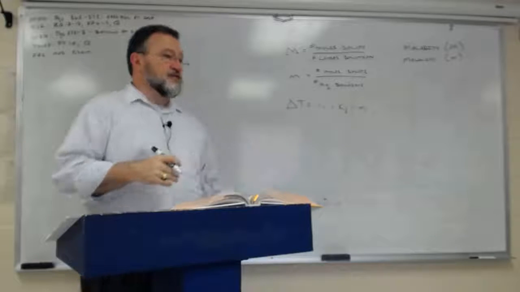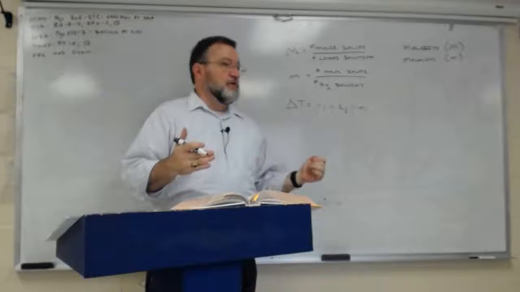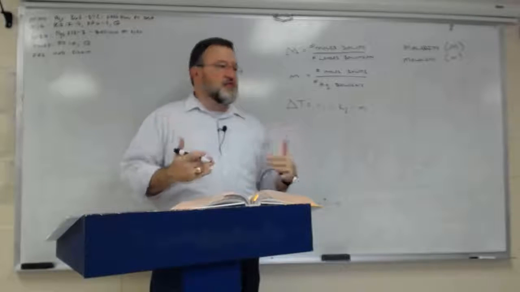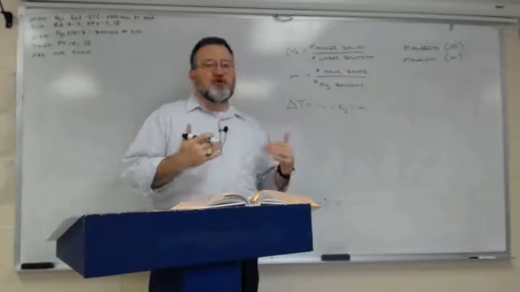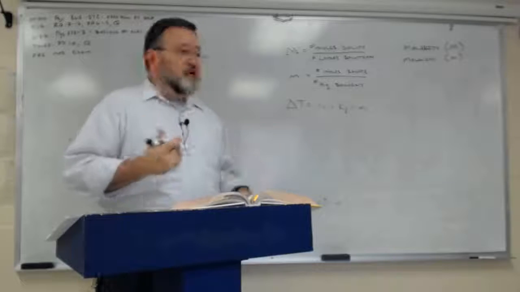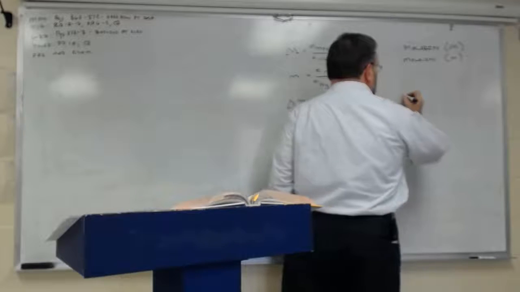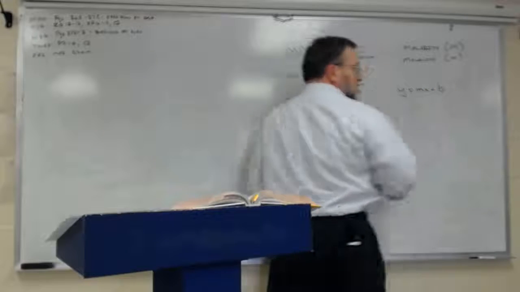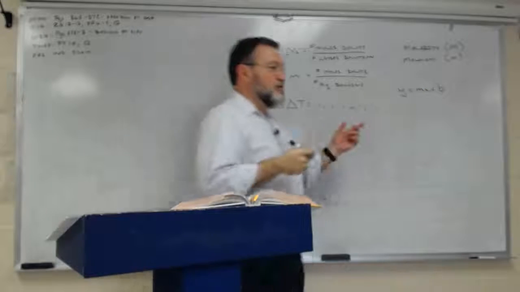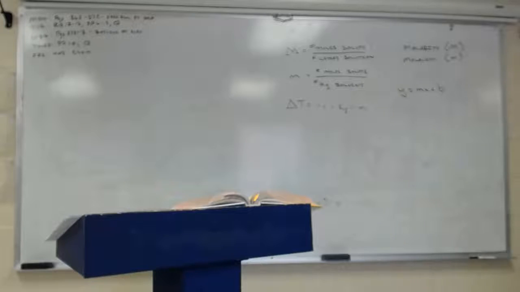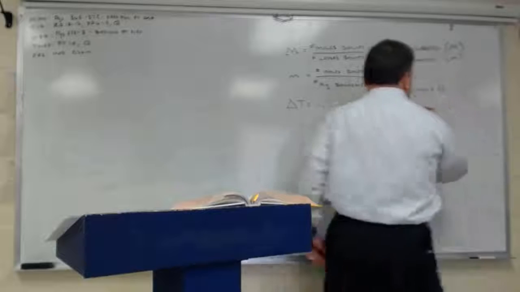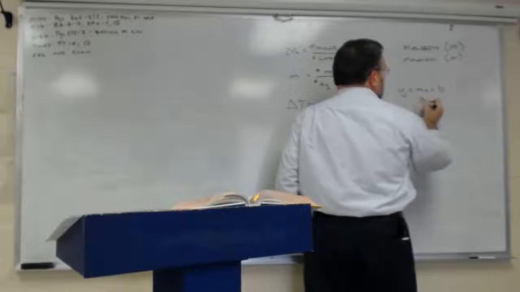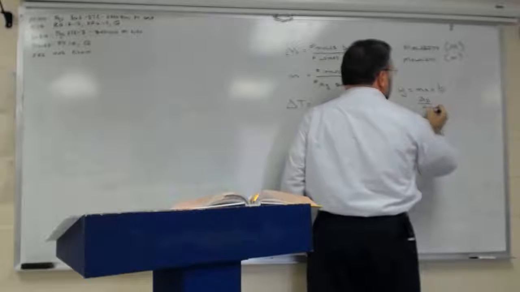Delta T. Now, first of all, what's delta mean? Change in. Delta is a Greek symbol which means change in or change of. When you go rise over run in math, you know your slope for y equals mx plus b, for example, a linear equation. The slope is your rise over run, which is delta y over delta x.